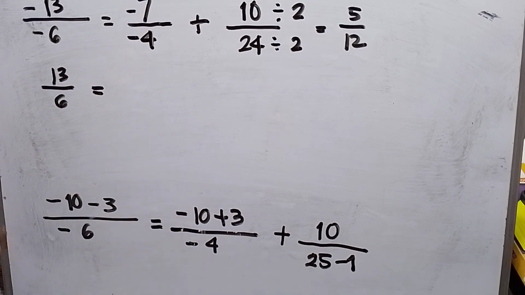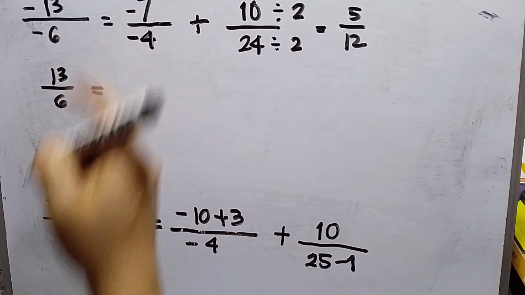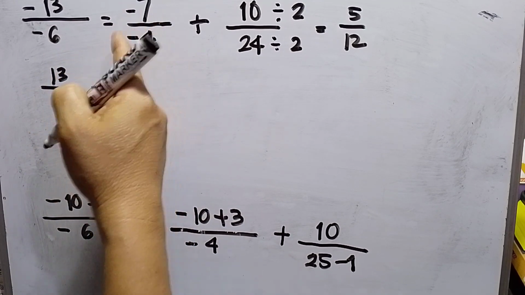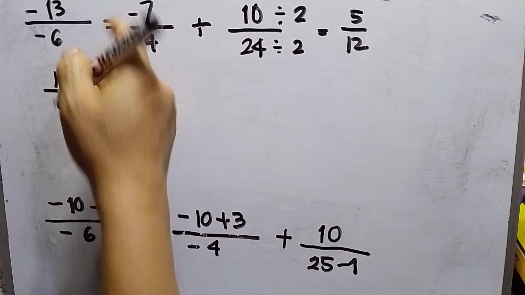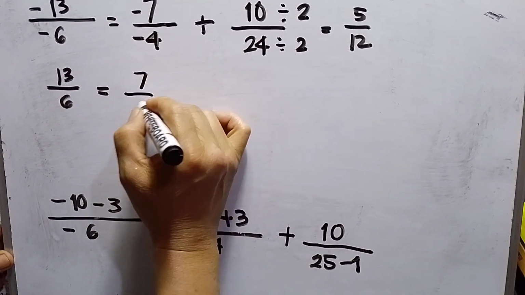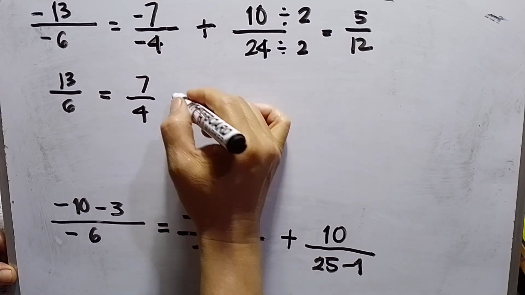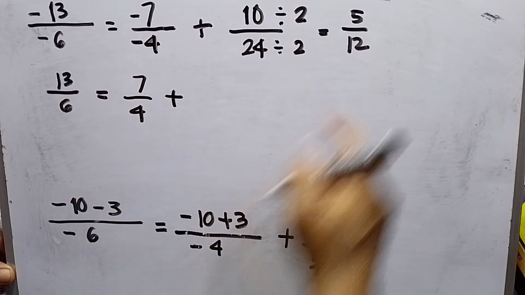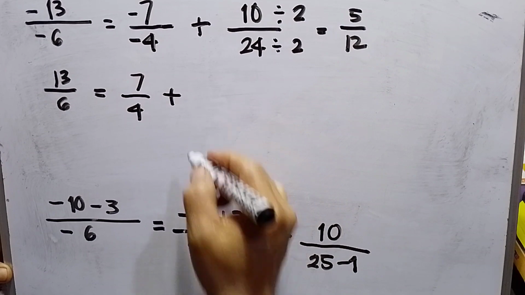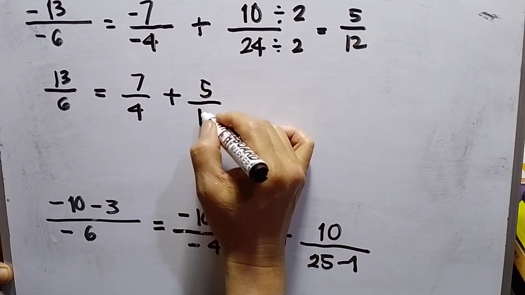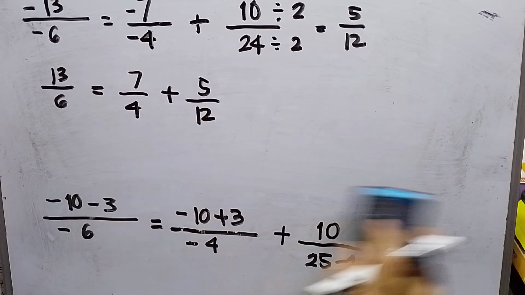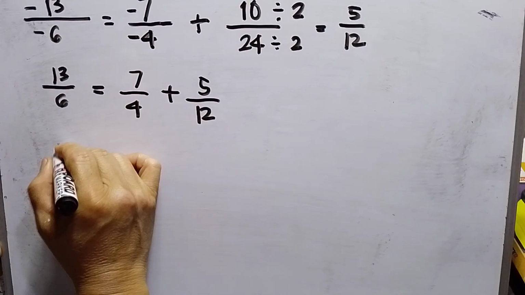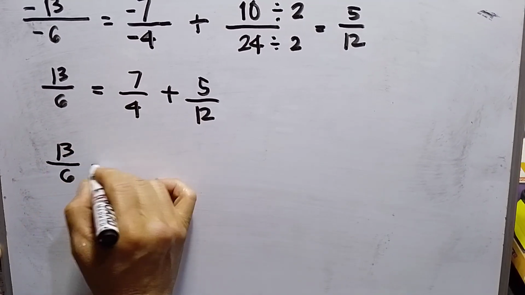Same with the first fraction at the right side: negative 7 over negative 4. So negative divided by negative, that will be positive. So 7 over 4. Then this will be plus my new fraction, 5 over 12. So this is 13 over 6.